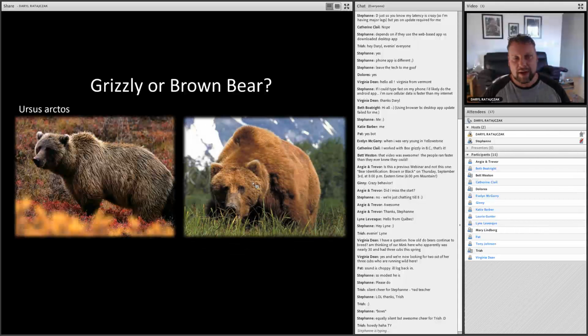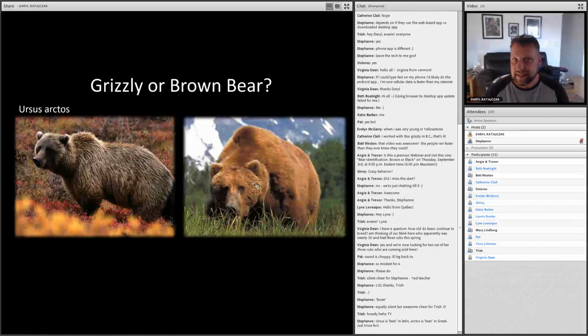A brown bear, sometimes they're called Alaskan brown bears, but brown bears in general look a little bit different. They're much, much larger and kind of blockier looking. And if you look at their scientific name, guess what? It's Ursus arctos. And so what that means is these two animals are identical. They're the exact same species. They're identical from the species standpoint, but not in looks.